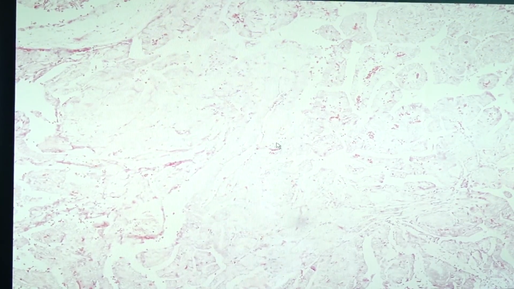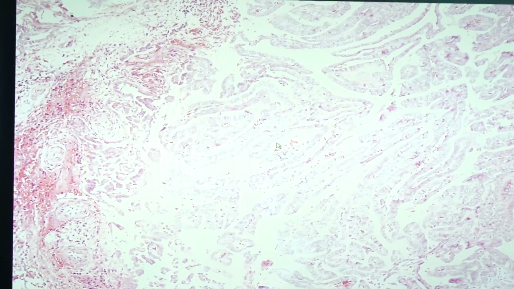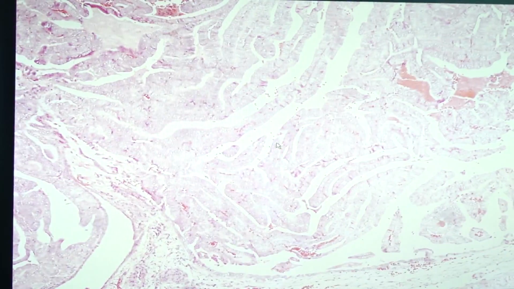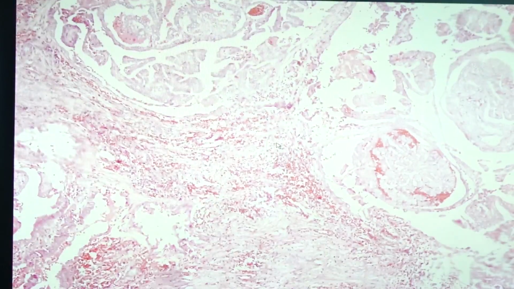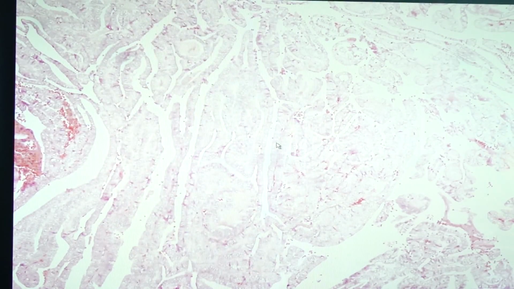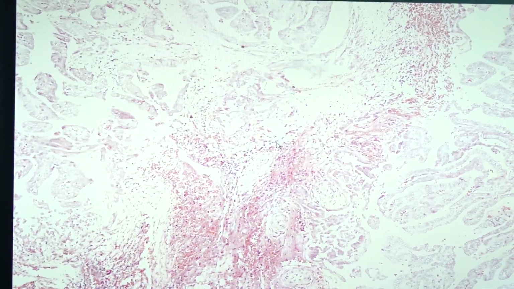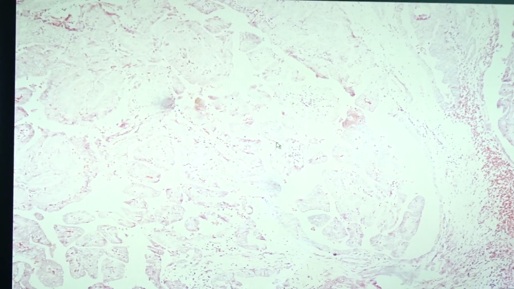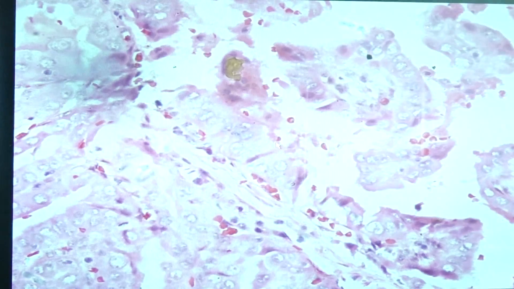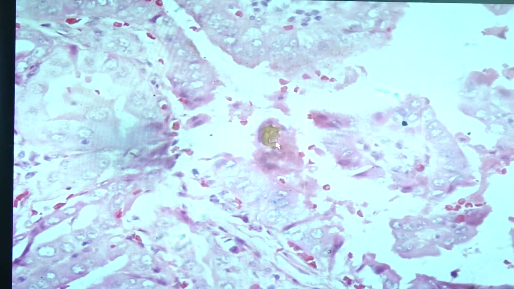So you look at the other areas. Okay, so you have the papilla or papillae. Another feature that we can associate with papillary carcinoma would be the presence of psammoma bodies, but this particular slide doesn't show the psammoma body.